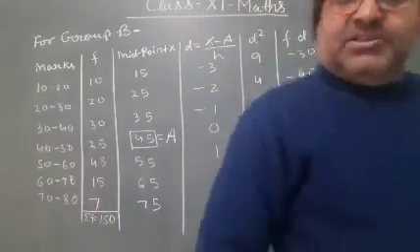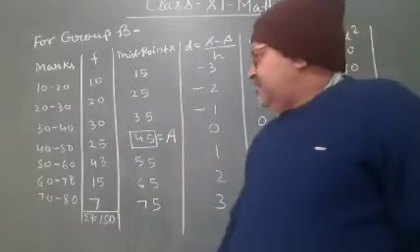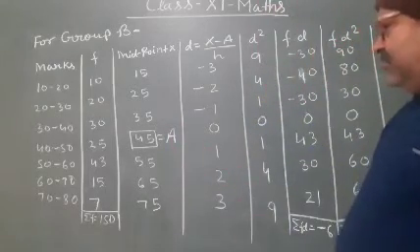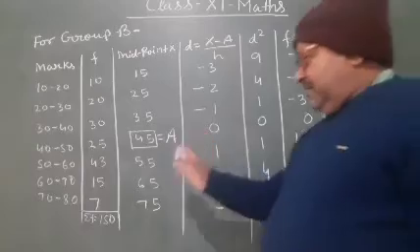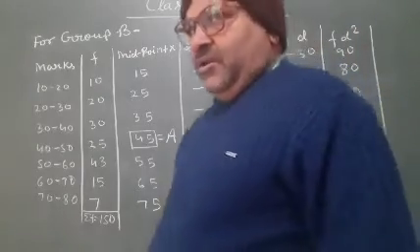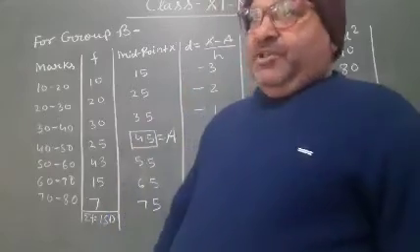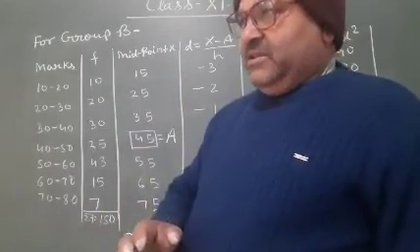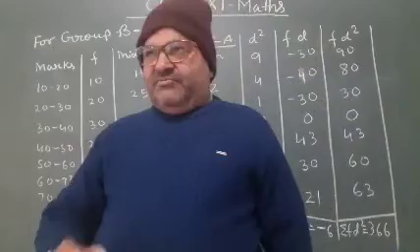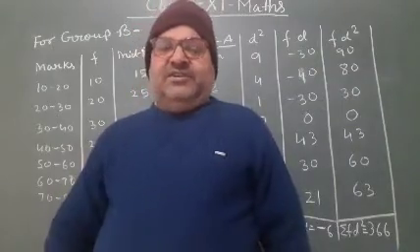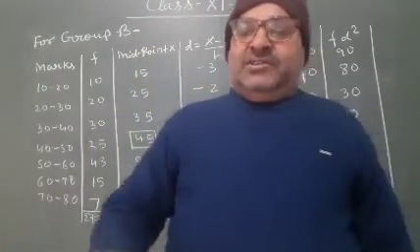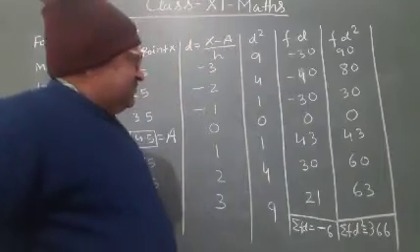Clear? This is the table of group B, and after that, according to this table, we find the mean, variance and standard deviation.